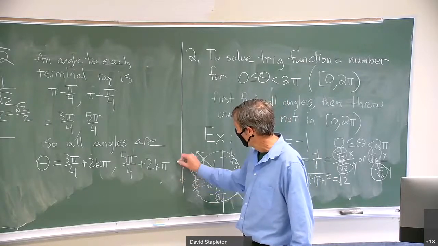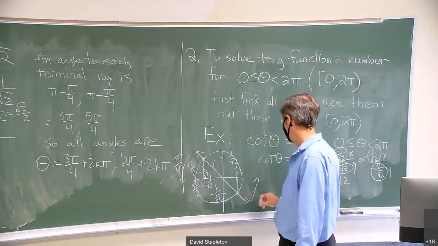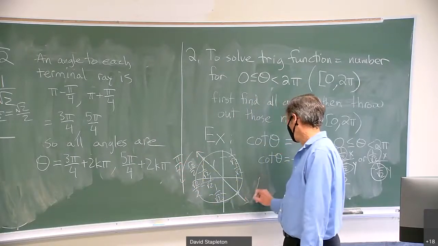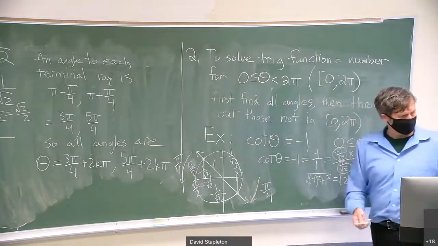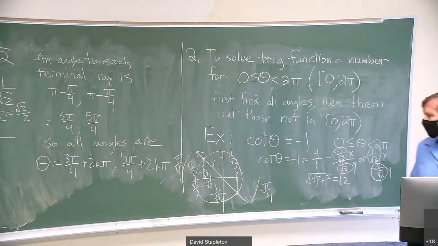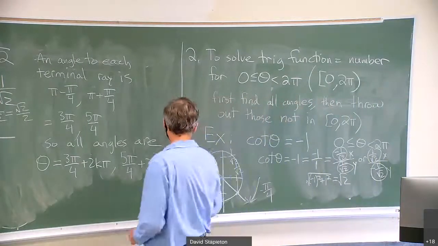This is a 45-degree angle, pi over 4. And similarly, this one. Maybe I should draw it this way. Minus pi over 4. And now maybe I'll just move this back a little bit to the left so I don't have to rewrite this on the next board.